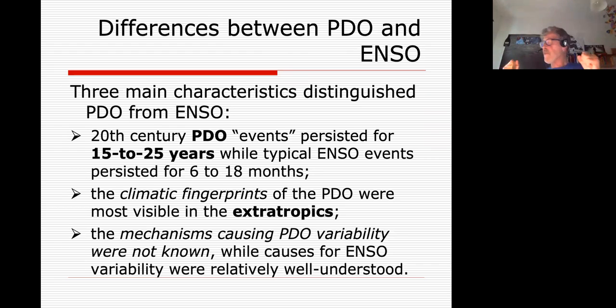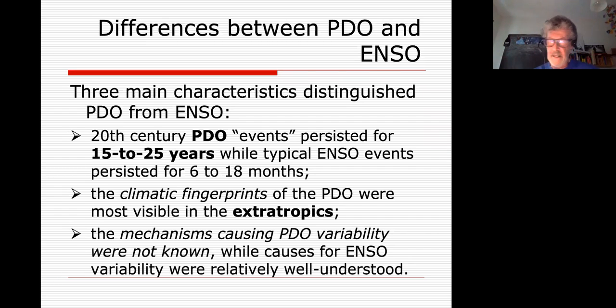So, how are we sure we have two different processes? There are three main characteristics to say so. First, the 20th century PDO events persist for 15 to 25 years, while typical ENSO events have a much shorter duration, from 6 to 18 months.